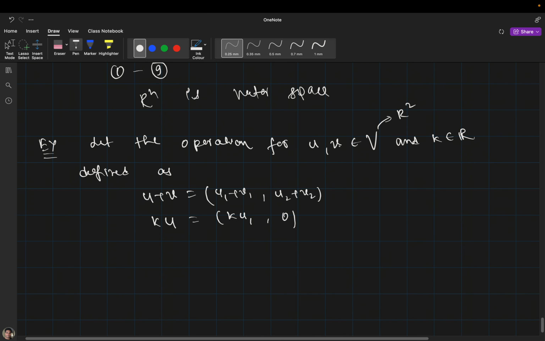Which means that you can take any kind of u or v from the two-dimensional vector space. I'm not saying this is a vector space now, but V is a set that is two-dimensional. I mean, all those u and v are like this. Now the operation is, if you take any two vectors u plus v, that operation will be like this, and if you multiply any scalar with u, that operation is like this.